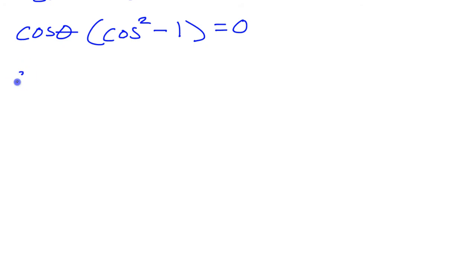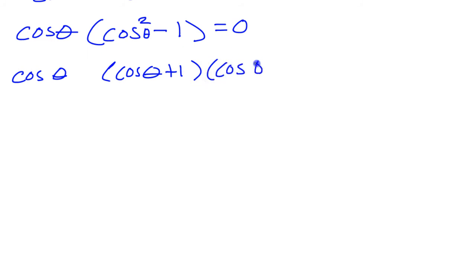So I'm going to keep the cosine theta out in the front, but this will factor further as cosine theta plus 1 times cosine theta minus 1. So I have 3 factors. Now I'm going to use the zero product property and set all 3 of these equal to 0.